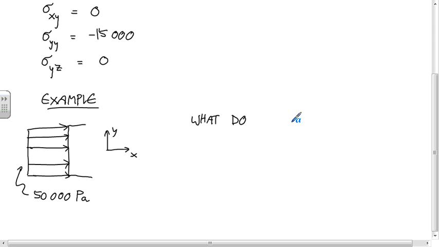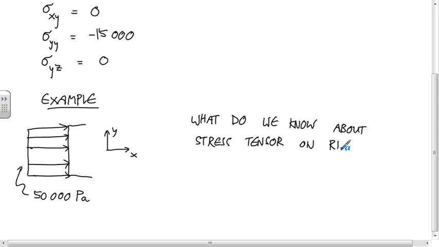And the question again is, what do we know about the stress tensor on that right-hand surface? Okay, so take a minute and try to work through that calculation the same way that I did in that last example.